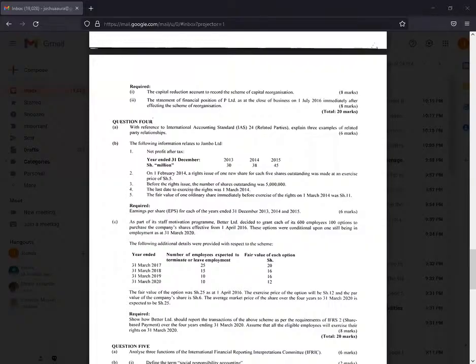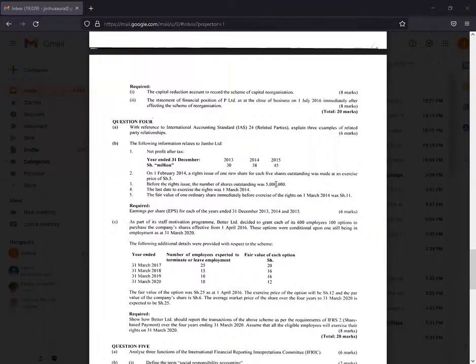Before the rights issue, the number of shares outstanding was 5 million. So all along, before the rights issue, we have been having 5 million shares. And then note number 4, the last date to exercise the rights issue was 1st March 24. I told you to delete that statement. Note number 5, the fair value of 1 ordinary share immediately before.